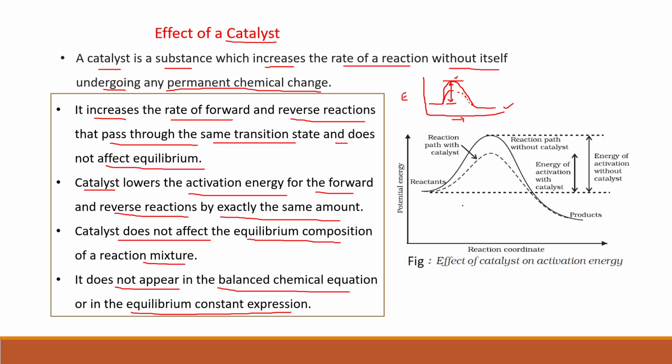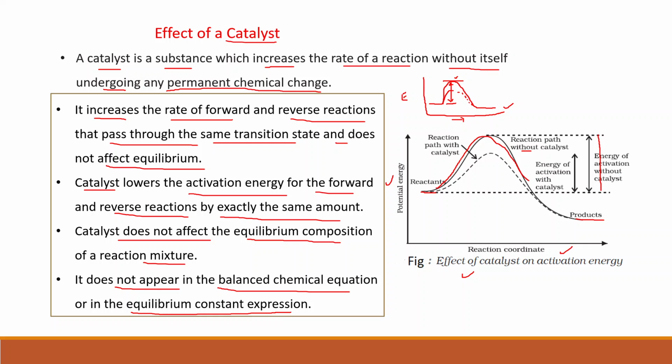The same diagram is already drawn. This is potential energy, this is the reaction coordinate, these are the reactants, and these are the products. In the absence of catalyst, that is the reaction path without catalyst, this is the reaction path without catalyst. We can say this is the energy of activation.